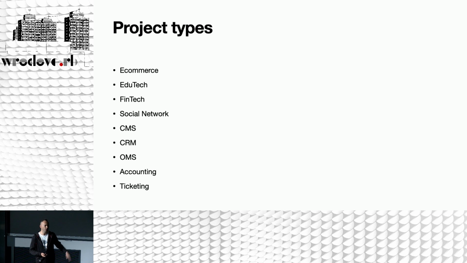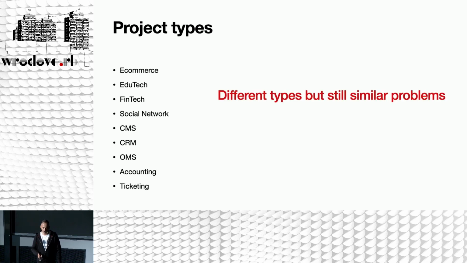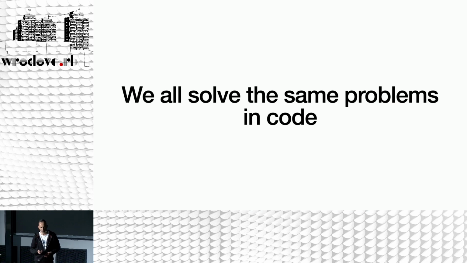So probably your application is somewhere there or somewhere between those, or maybe it's not that far from those. There are different types of projects, but we still solve very similar problems. If you talk to each other, if you look at the code bases that we have together, it's very similar concepts. So we all solve the same problems in the code.